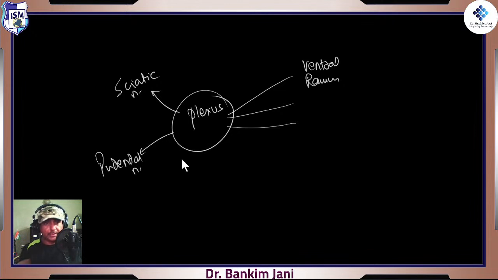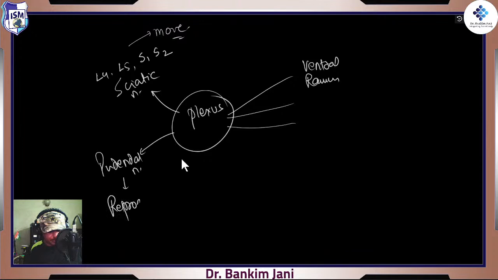For sciatic, it was L4, L5 from the top, and S1 and S2. So it is for movements, that is what we talked about. Regarding the pudendal nerve, that is for reproduction purpose, and it was classically S2, S3, S4, right? So far, things are easy, right?